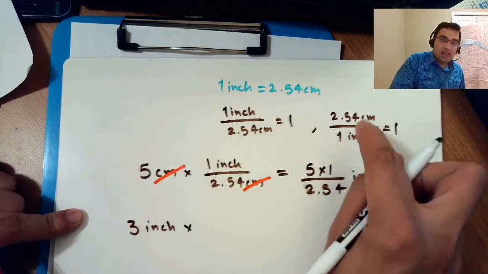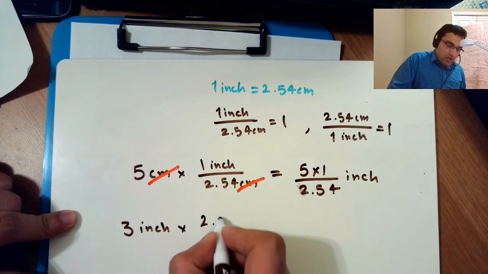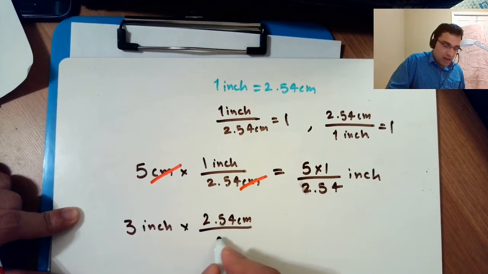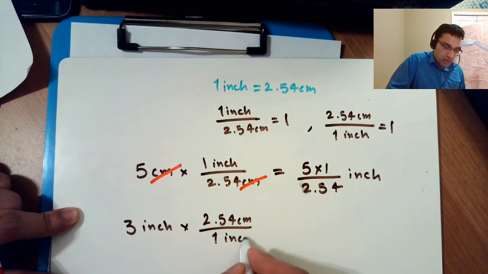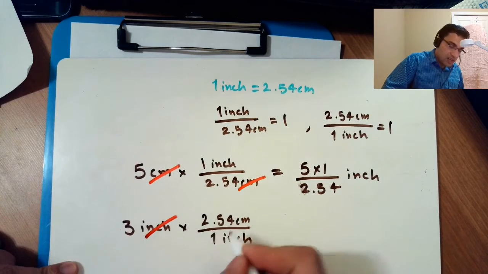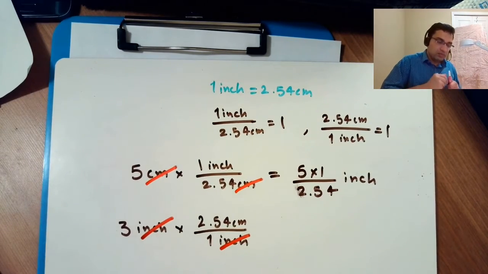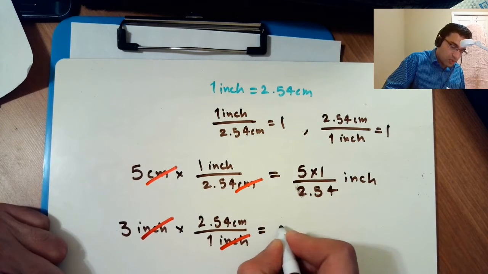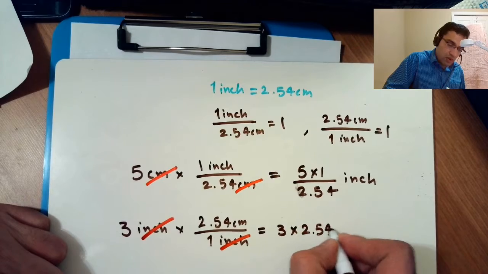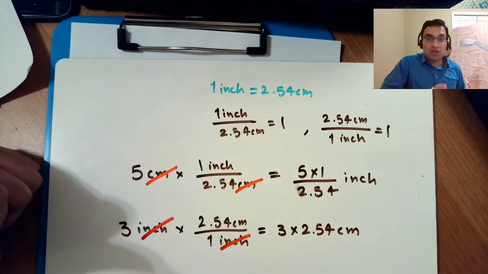So the right factor then is this one, 2.54 centimeter divided by 1 inch. Now I can get rid of this inch, and what's remaining here is the centimeter. So this is equal to 3 times 2.54 centimeter. Okay, this is how you do the unit conversion.